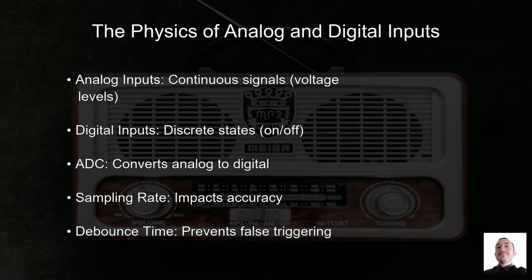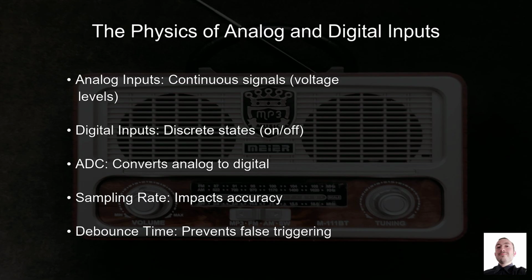The PLC interprets these inputs through its input modules, which convert the physical signals into data the processor can understand. For analog inputs, this involves an analog-to-digital converter, ADC, that samples the signal at regular intervals and quantizes it into digital values. Digital inputs are simpler, requiring only a threshold check to determine their state.